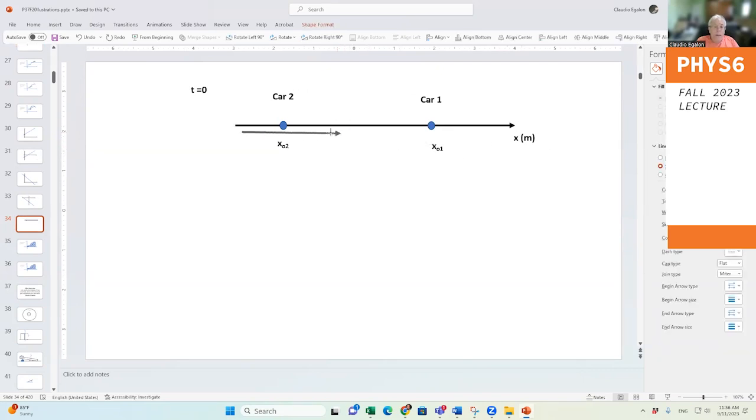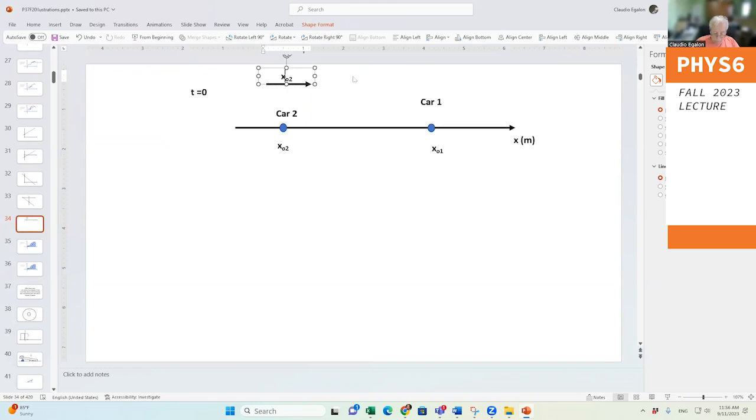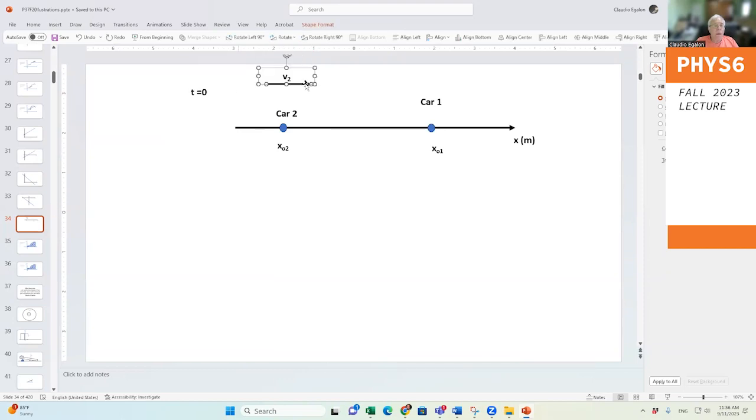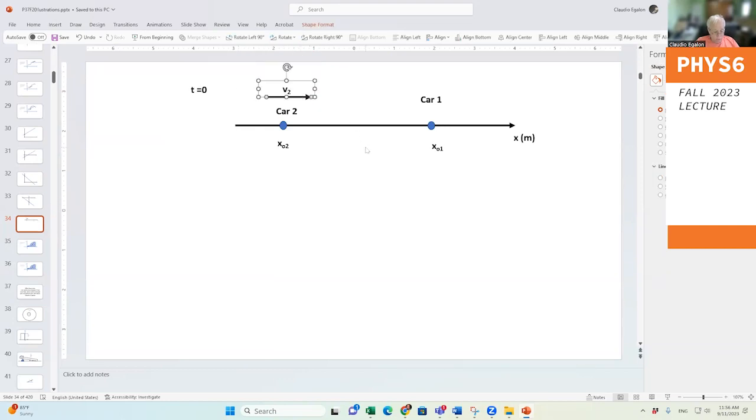And by the way, the arrow of car 2 is going to be longer than the arrow of car 1. Here is going to be velocity V2. And you do the same for car 1.